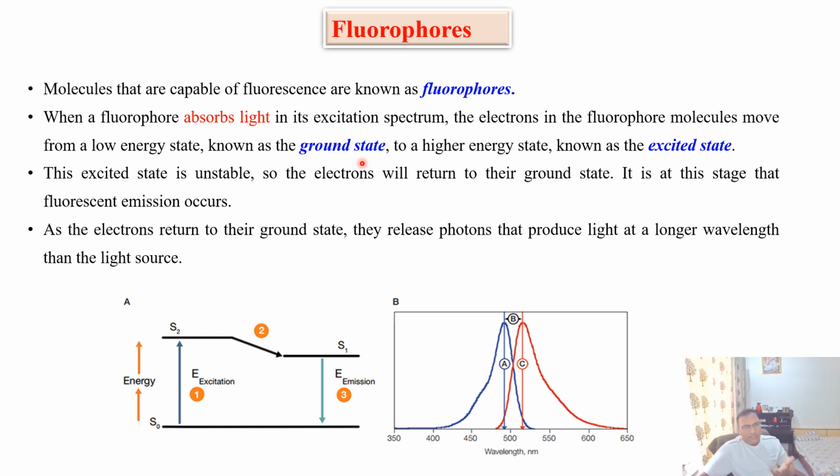This energy excites the electron of the fluorophore from the ground state to the excited state. As we know, the excited state is unstable, so the electron will return to its ground state after some time. Once it drops to the ground state, energy is emitted and fluorescent light emission occurs.